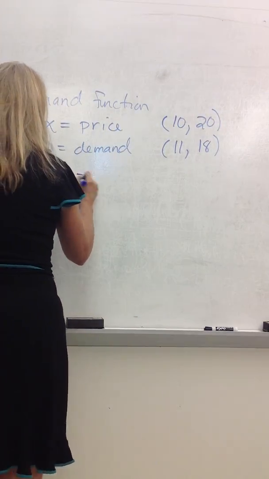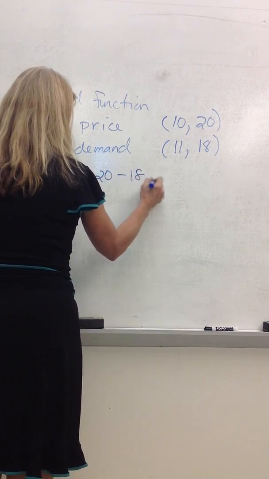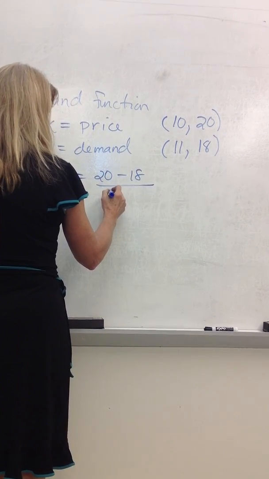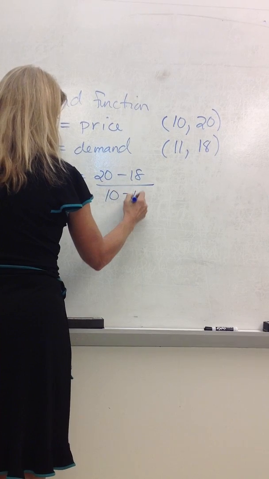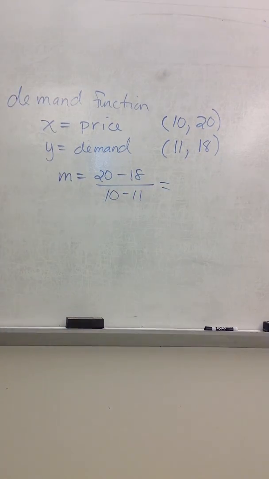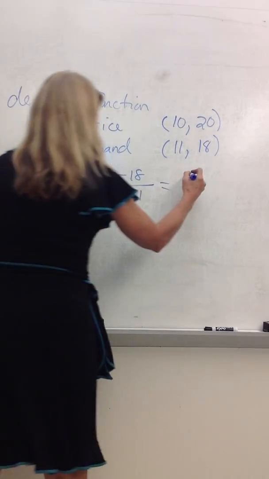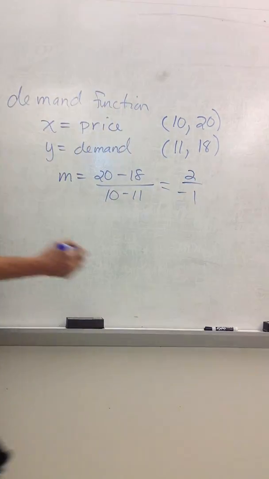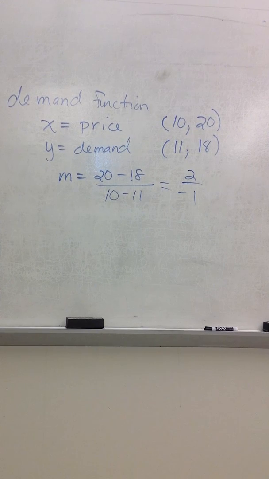So slope is y1 minus y2 over x1 minus x2, basically the difference in the two y's over the difference in the two x's. The way I have it set up, I'm getting -2 for my slope, which it should be negative because demand went down when you increased your price.